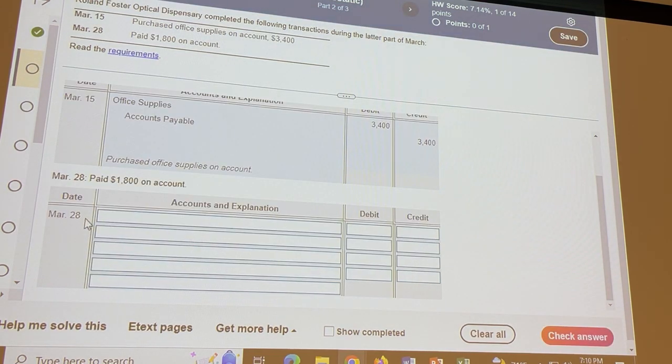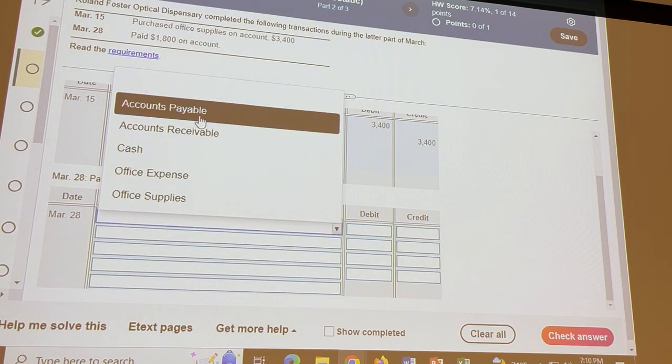Okay, then on March 28th we paid $1,800 on account. So we paid off some of the accounts payable. If initially we booked the accounts payable by crediting it, now to show that we're paying off some of the accounts payable, we're going to want to debit accounts payable.